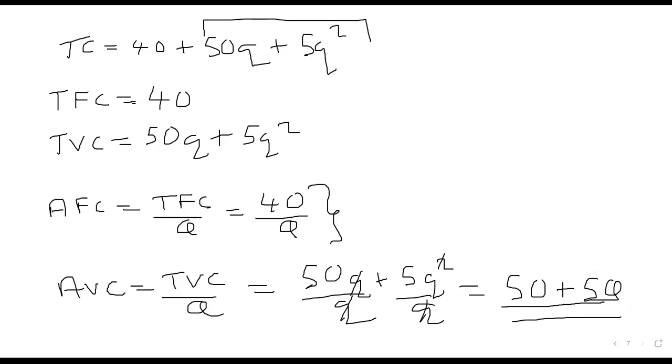So before I go any further, let's go through what I said. Our price was equal to 170 minus 5q. Can somebody lead us through? How do we find the total revenue? So total revenue is equal to our price multiplied by quantity.